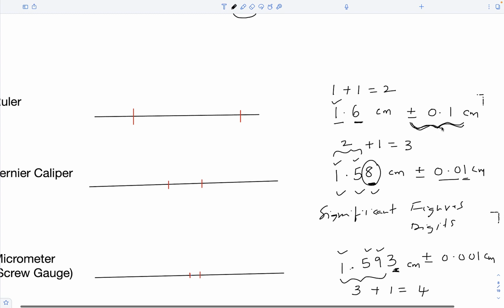That is responsible for this error or uncertainty. The value of this estimated digit could sometimes be more than what it should be and sometimes be less than what it should be. We cannot say that every time the estimated value is bigger than what it should be or smaller than what it should be. That means these errors are not unidirectional.